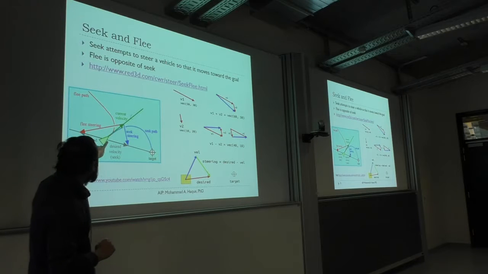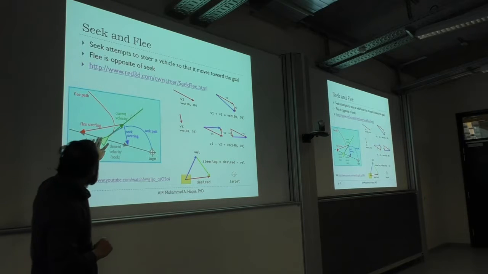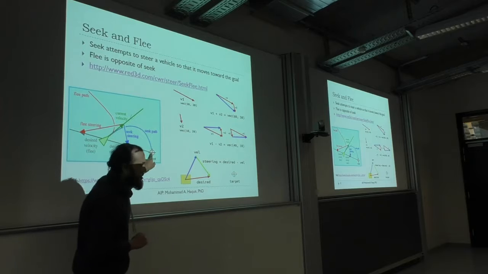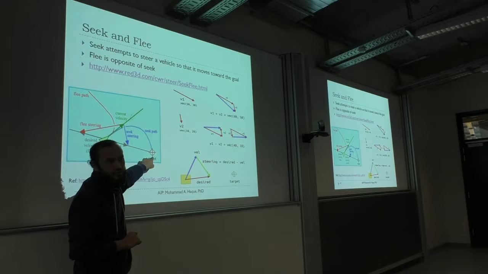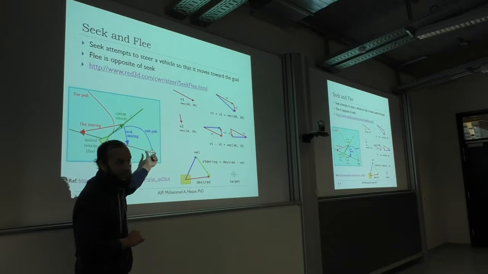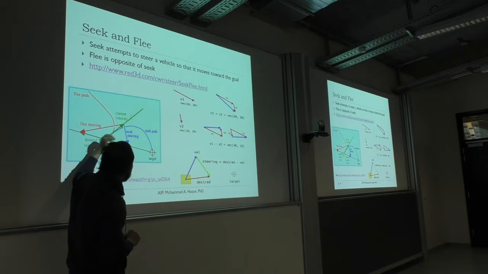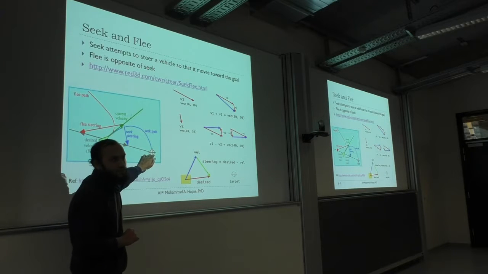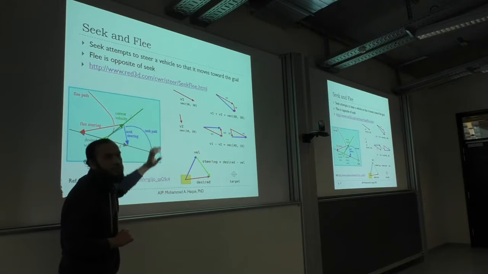Okay, so we have this vehicle here, and we want to define what is seek and what is flee. Seek means you have a vehicle and you have a target, and this vehicle is going to go to the target location. The current location is here, target location is here. It has some kind of velocity right now, and it is, for example, going this way. These are all examples, okay? It is going this way, but we have to reach this position. And when the vehicle is trying to reach this position, we call this seeking.